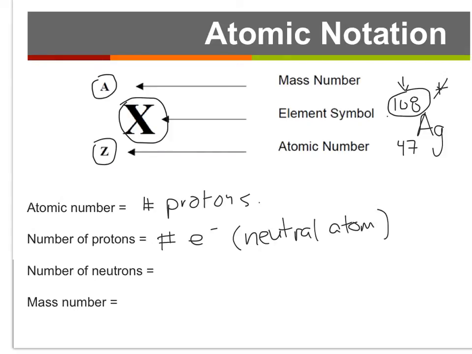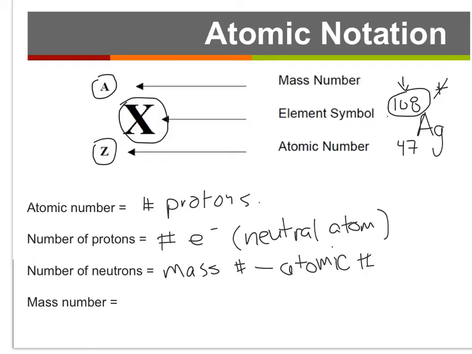The number of neutrons we can find by taking our mass number and subtracting our atomic number. The difference between those two gives us the number of neutrons.